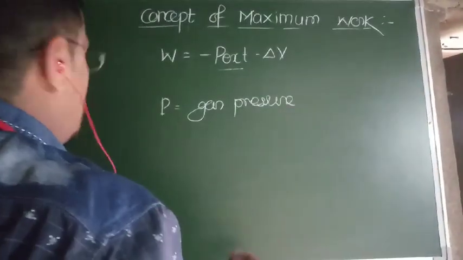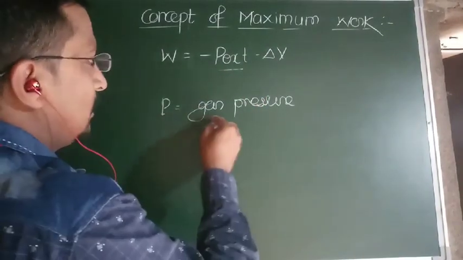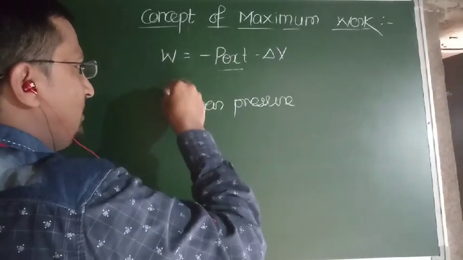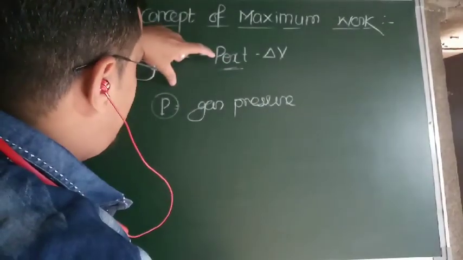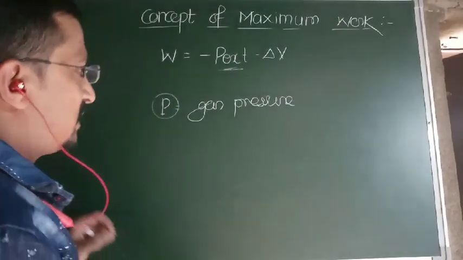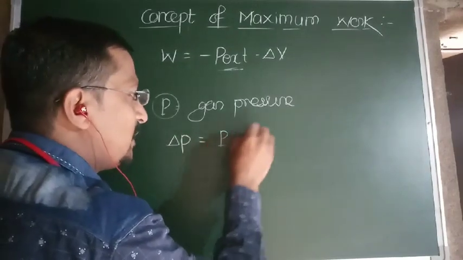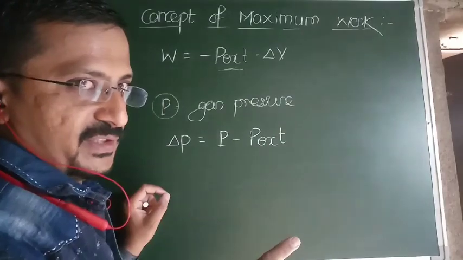ओके. सो if you consider here the gas pressure, then the difference between them, that is the pressure of the gas and external pressure, if this difference between the pressure जर बघितला it is delta p. So delta p is equal to p minus p external. ठीक आहे.